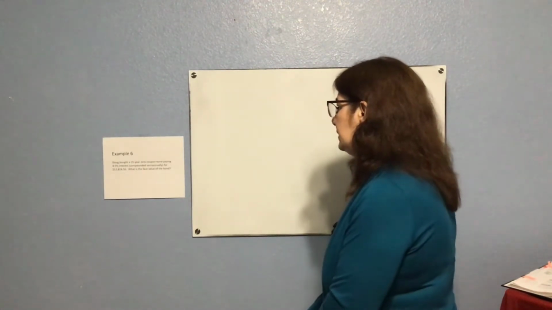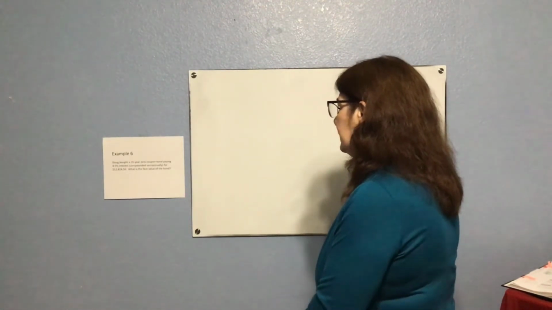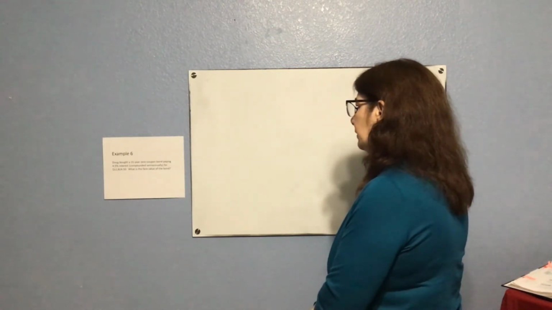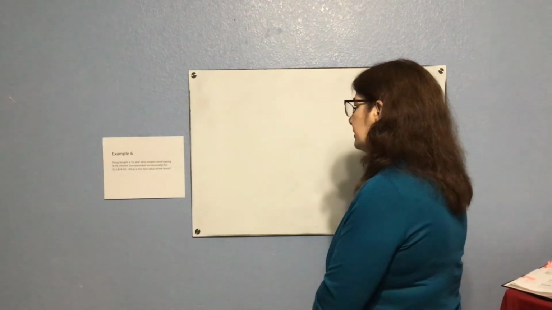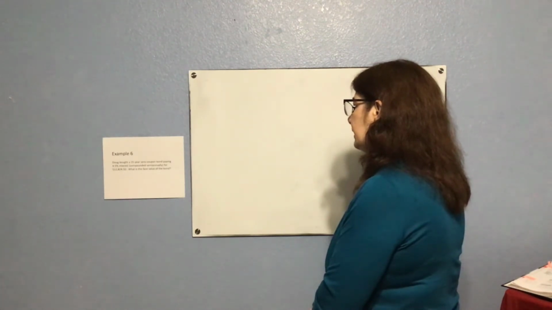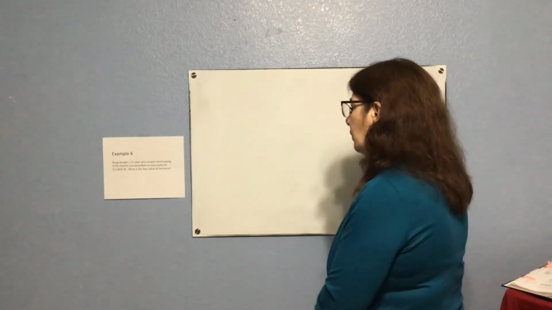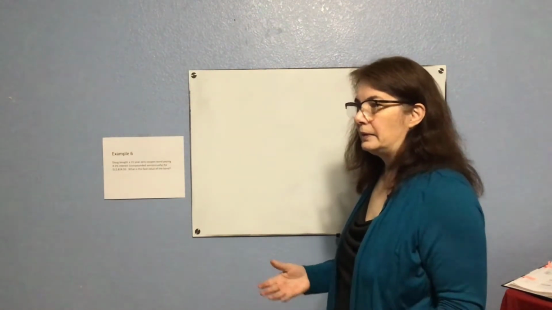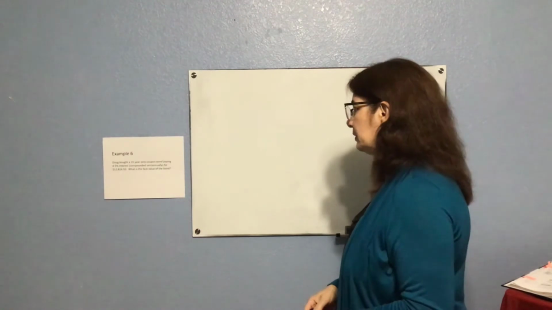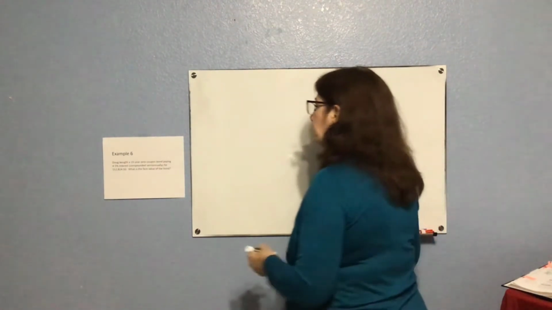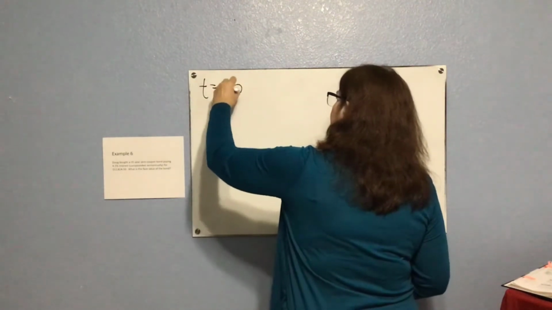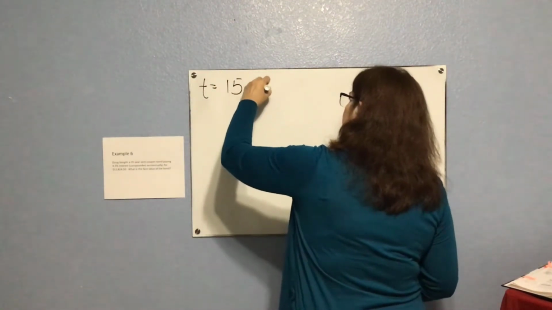Doug bought a 15-year zero coupon bond paying 4.5% interest, compounded semi-annually, for $12,824.50. What is the face value of the bond? Or in other words, what is the bond going to be worth when it matures? So let's write some things down. The time is 15 years.